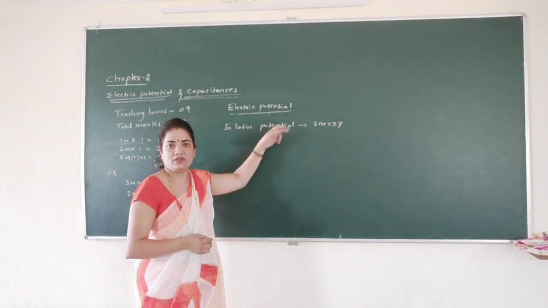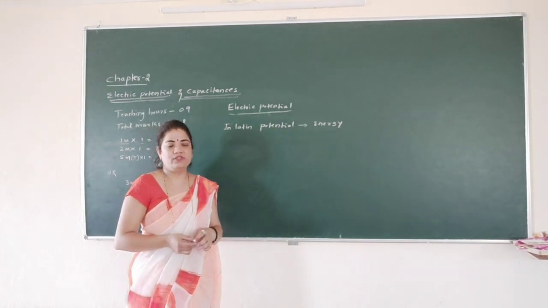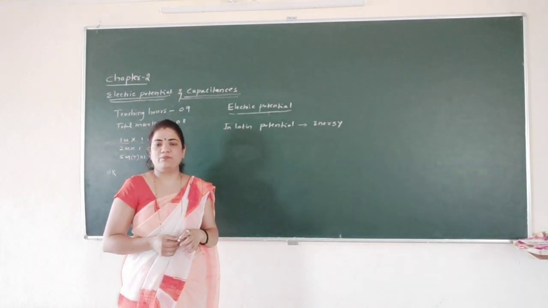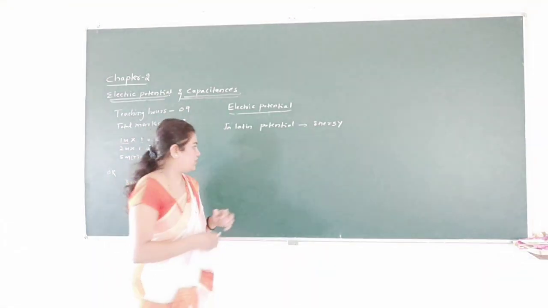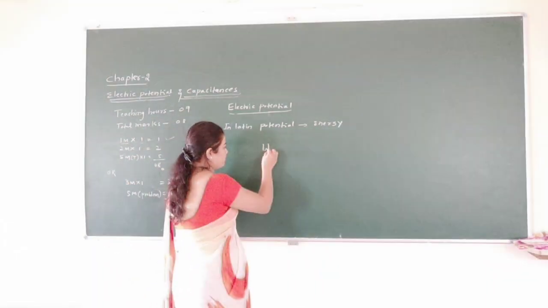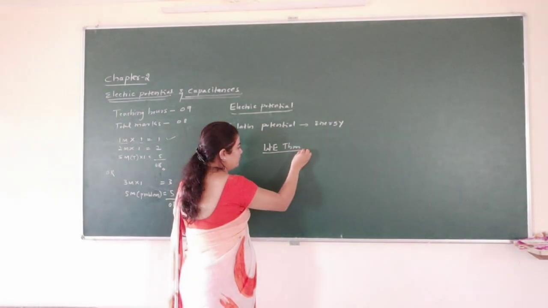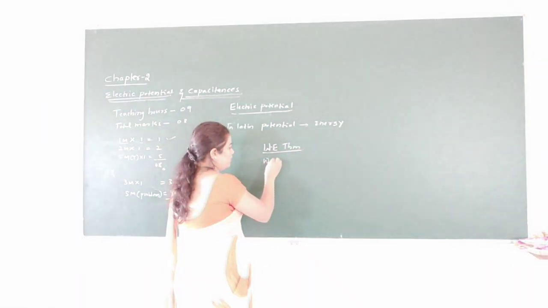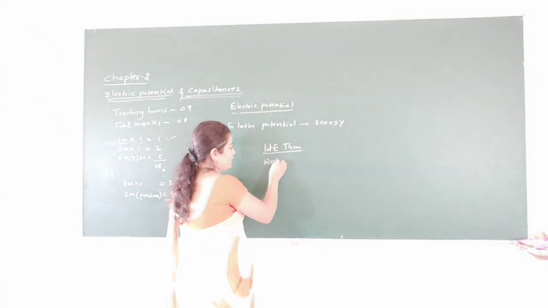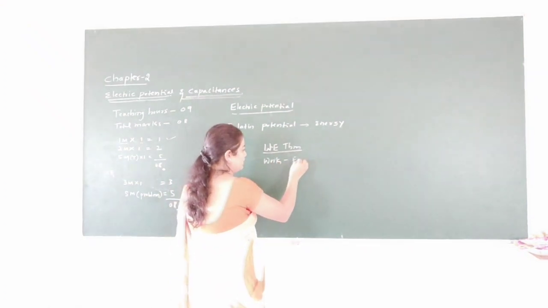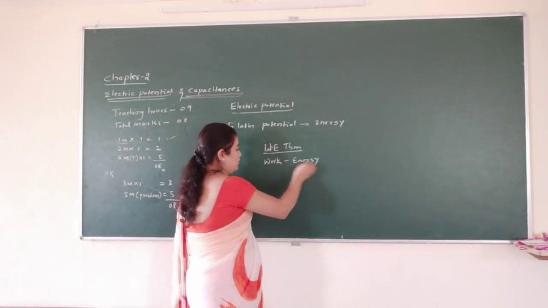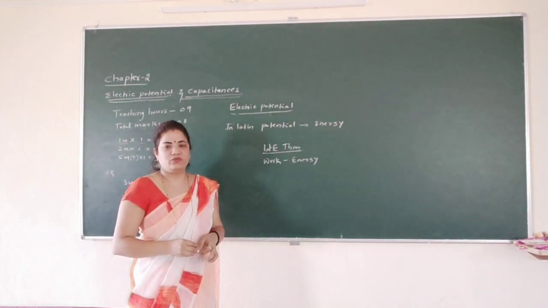Electric potential. So in first year we studied work, power and energy. The work-energy theorem we studied. What is this theorem? W stands for work and E stands for energy. The two are related to one another.